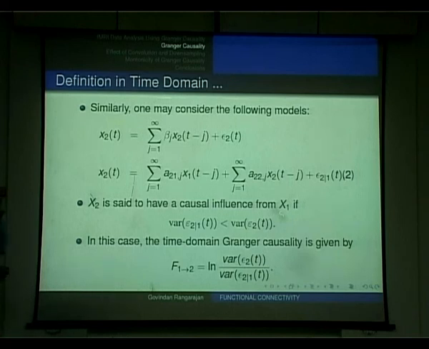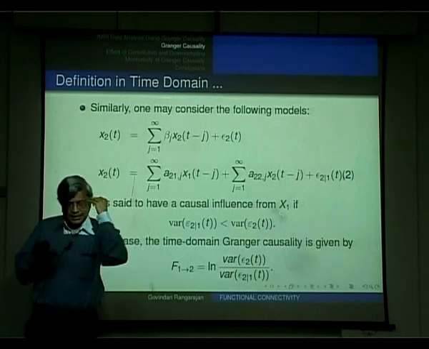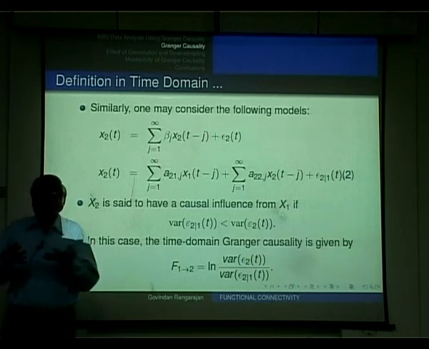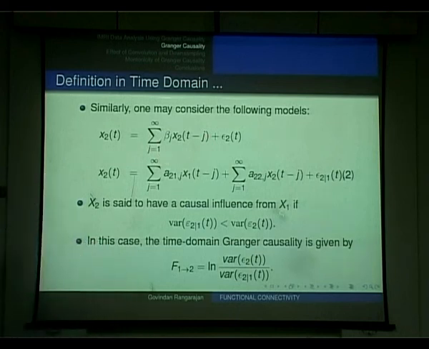The advantage of this over traditional correlation analysis is that causal analysis takes into account the internal correlation structure of the process. So you are not only trying to see the effect of x2 on x1, but you are also incorporating the internal correlation structure of x2, because you are first modeling it using x2 and then putting in x1.